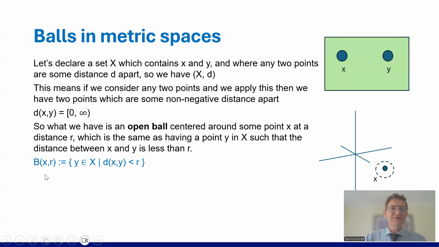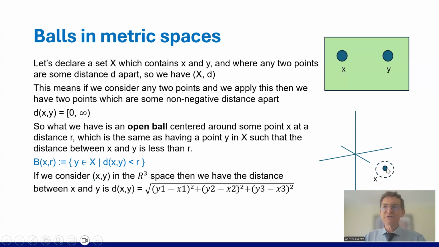So we've got a ball centered around some point x, with r giving you the length of the radius of the ball. That means y is an element of X such that the distance d(x, y) is less than the radius. So that's really the definition of an open ball. And here you've got an image that I've drawn. There's X, there's an open ball.